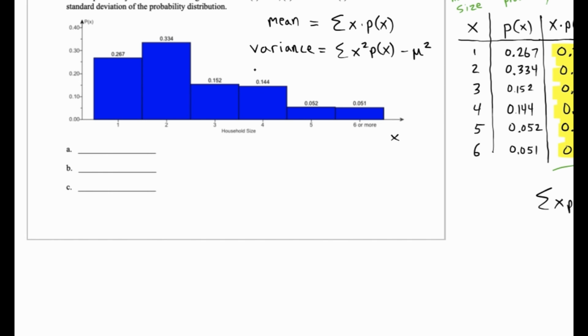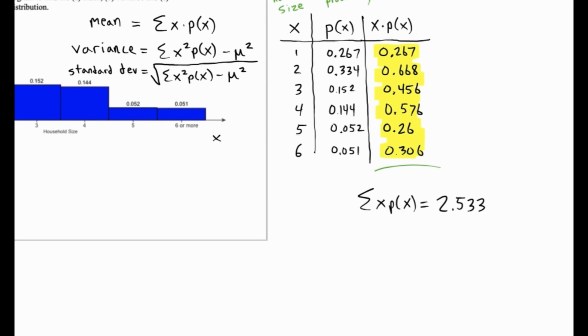And then if we want standard deviation, we just have to square root the variance. Alright, so luckily we already have the mean, so that's part of the formula, but we also need this sum of x squared p of x. And so we can continue with our table and go farther with it.